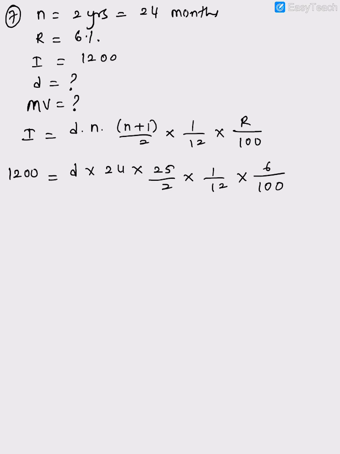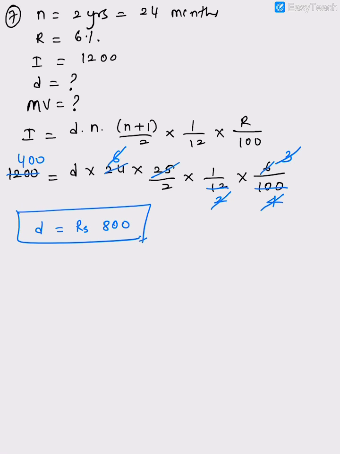Now, 25 ones are 25, fours are 4, ones are 4, six are 6, ones are 6, twos are 2, ones are 2, threes are 3, ones are 3, 4 hundreds are. So what did you get eventually? D is equal to 800 rupees.